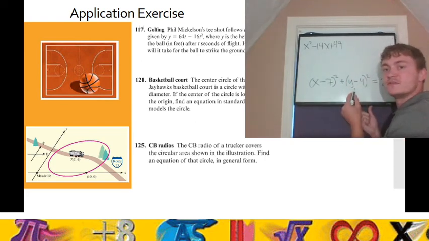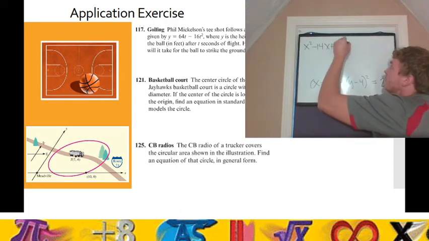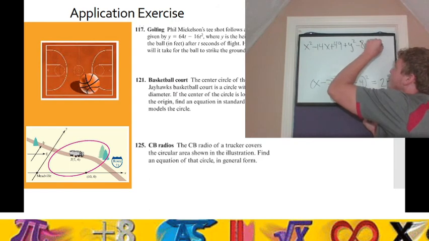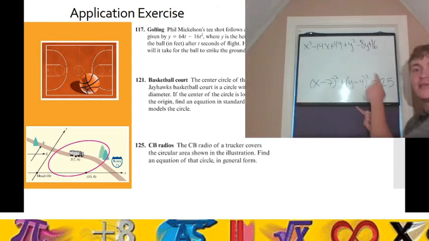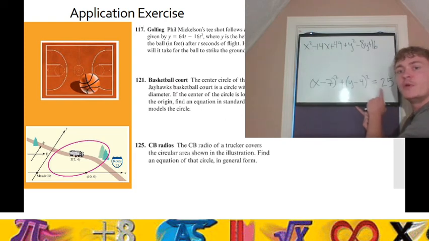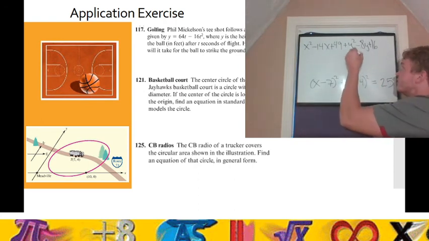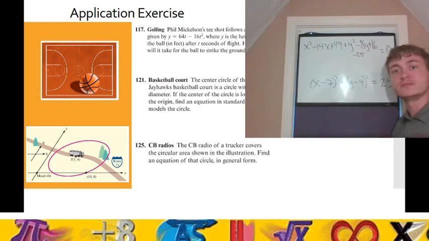To square y minus 4, which is y minus 4 multiply y minus 4, y squared minus 8y plus 16. This equals 25. But we don't want it to equal 25, we want it to equal 0. So to get rid of 25, we need to subtract both sides. So in other words, on this left-hand side, subtract 25. And that will equal for us 0.